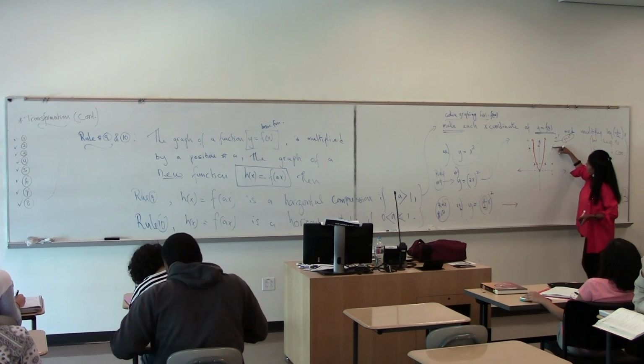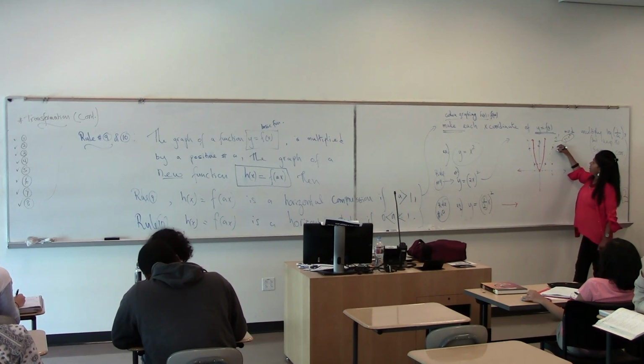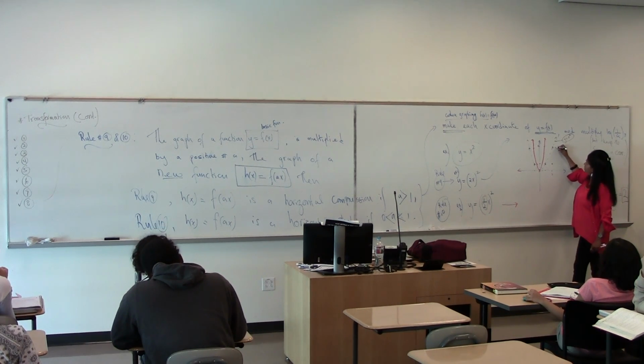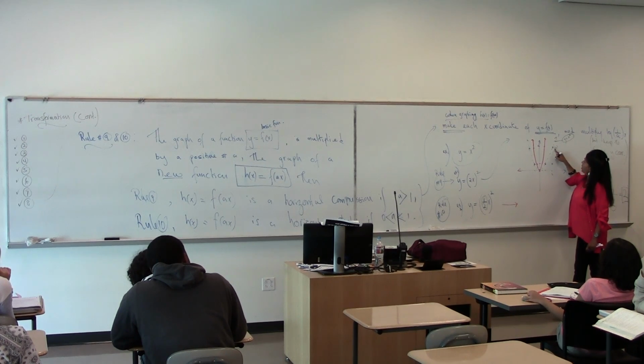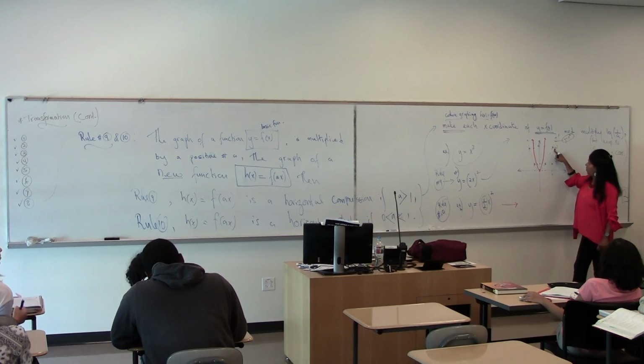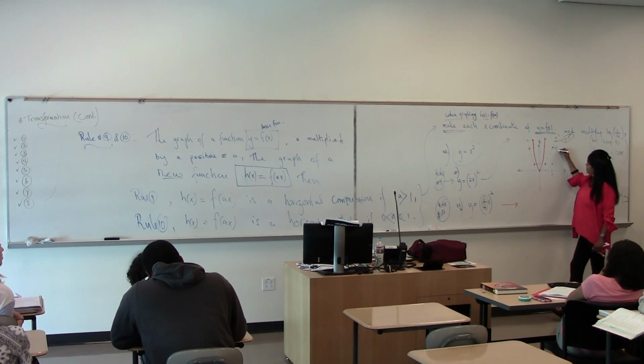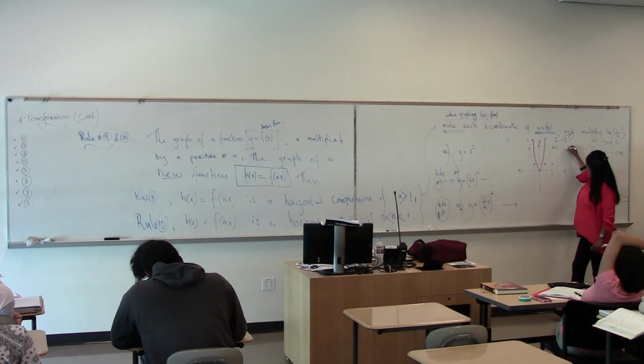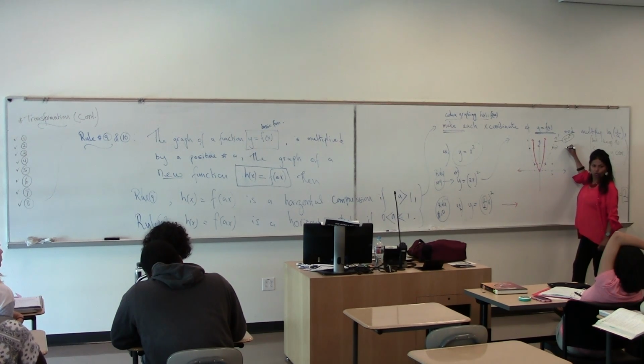Take the x coordinate here, 2 and 4. Take the x coordinate and multiply by 2. It becomes 4. The y coordinate is 4 and the x coordinate is 4.